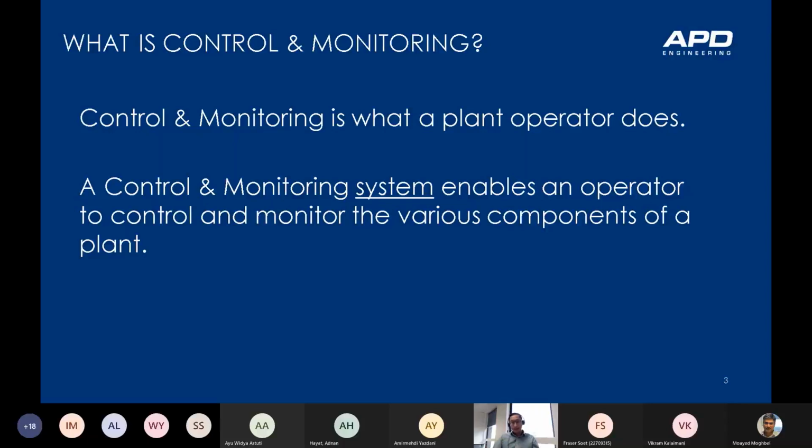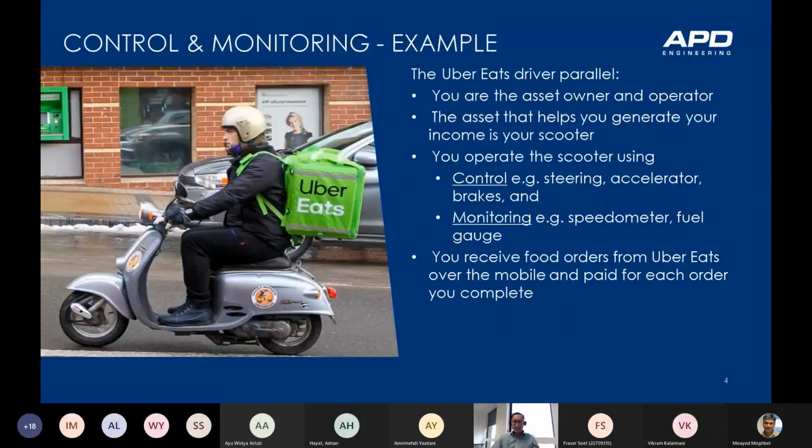So I'll try to illustrate this by using a parallel scenario. Although there's probably a million other simpler examples, this is my parallel scenario, and it is an Uber Eats driver. So I trust you're now very familiar with this service, having survived a pandemic. But for this scenario, imagine you are the Uber Eats driver.